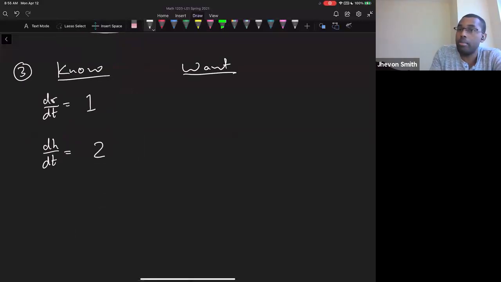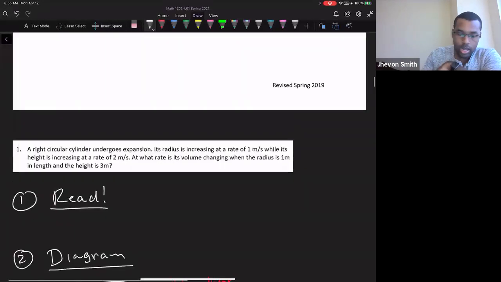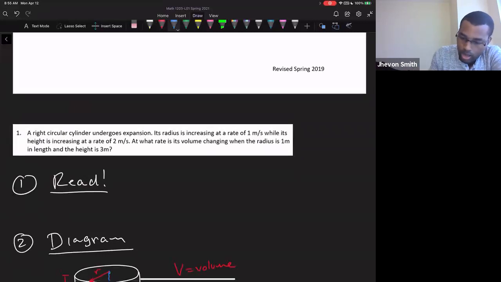Now there is something that might not be shown here, but I do want you to pay attention to it and appreciate it because it might come up otherwise. Remember, increasing means the derivative is positive, decreasing means the derivative is negative. We are told here that these are increasing.